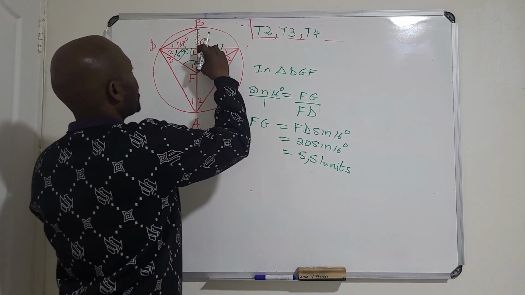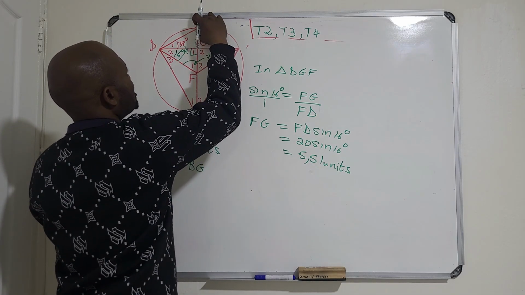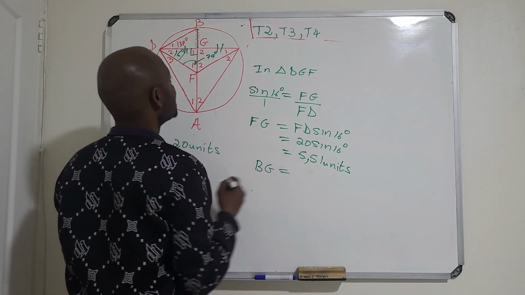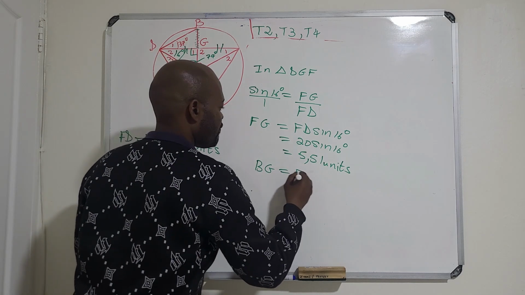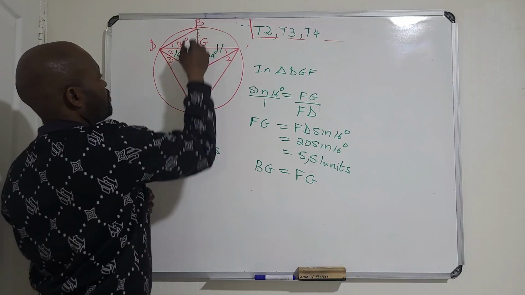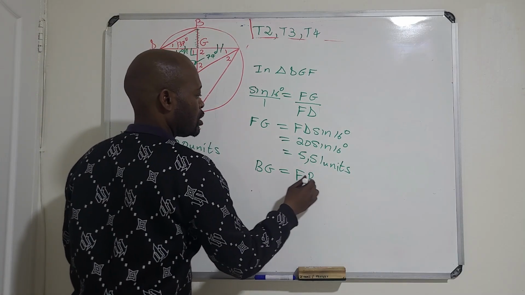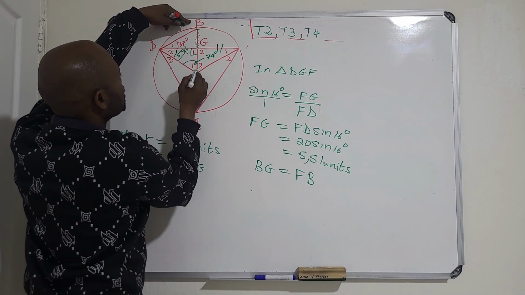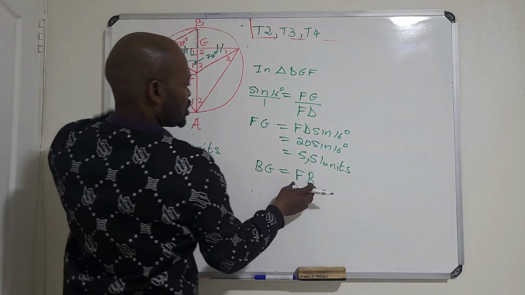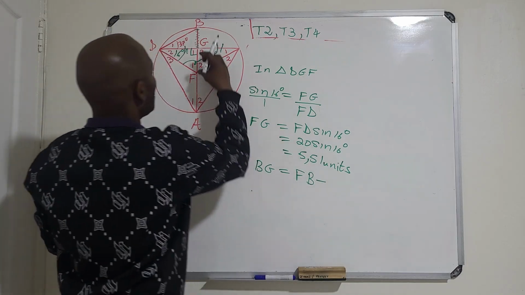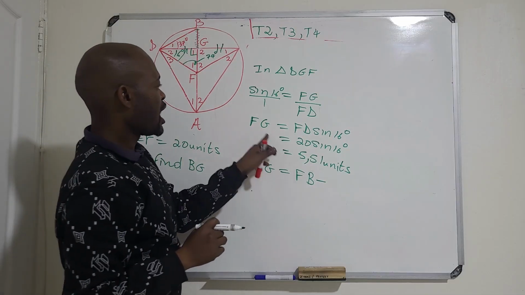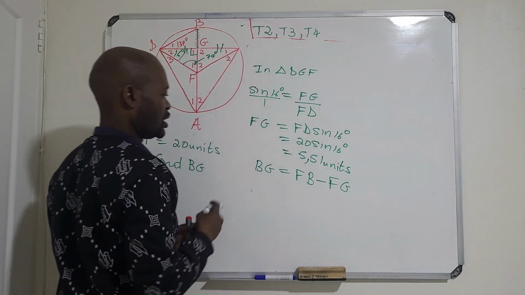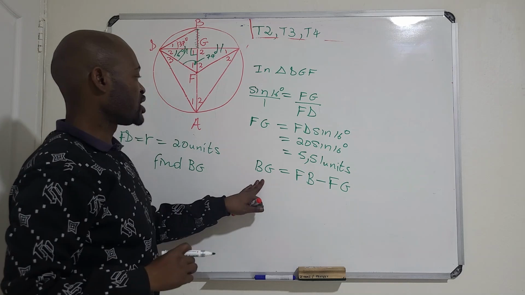Now, since I got this, I can get BG, because BG is equal to FB, the whole of this is the radius, minus FG, which we've just found. We're getting what we are looking for, which is BG.